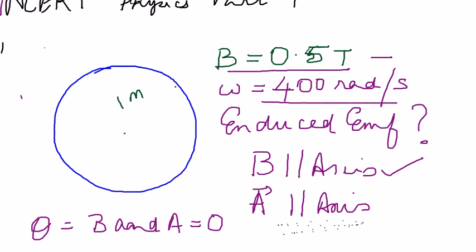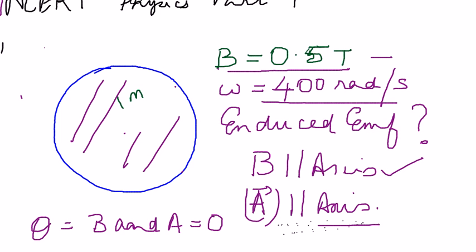The area vector of the plane of the ring is also parallel to the axis. So cos theta is equal to 1.